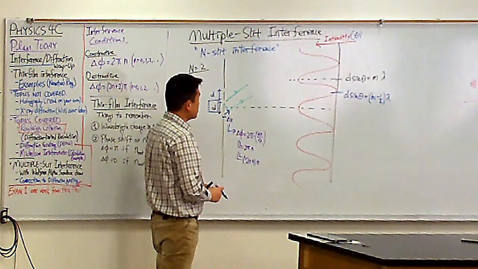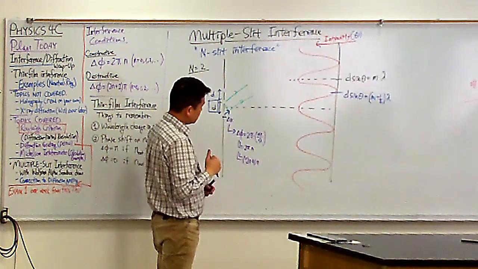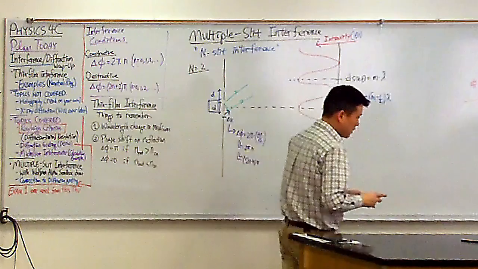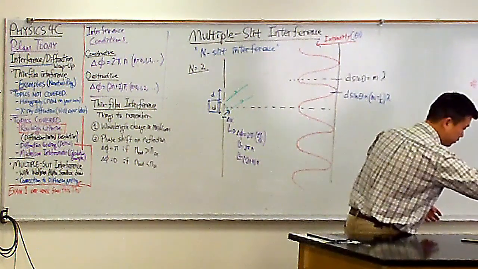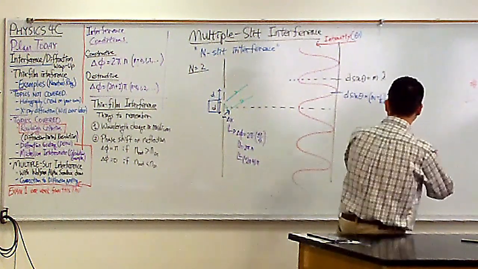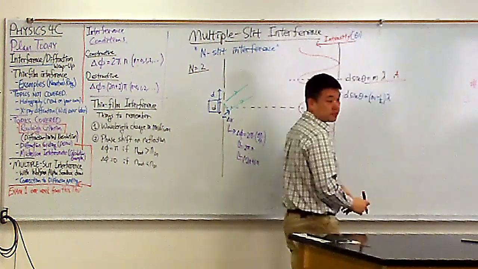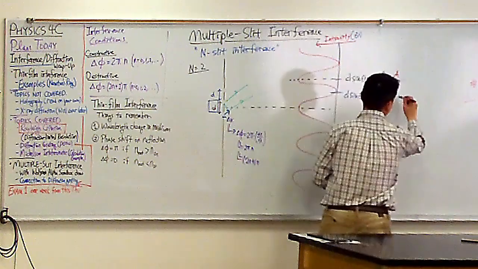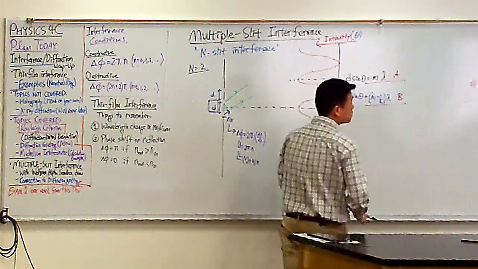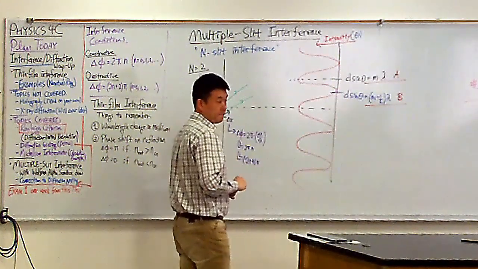Okay? Now, this is what I want you to look at. Conceptually, there are two key positions to look at. Position A, where you had a constructive interference happen, and position B, where you had a destructive interference happen.